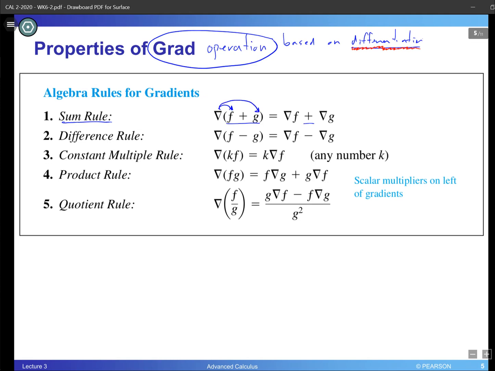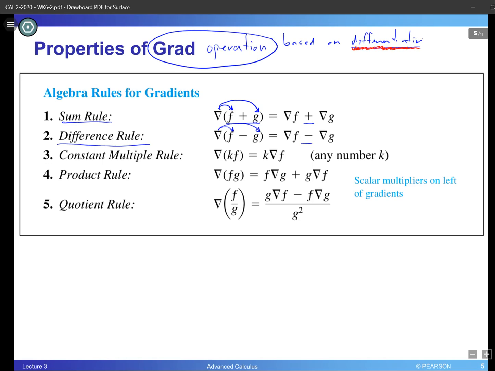That is the same as differentiation: you differentiate the first function, then the second function, and then sum them together. Same with the subtraction or difference. If you want to find the gradient of the subtraction of two functions, you can distribute the gradient operation to each one of them separately, and then perform the minus in the end.